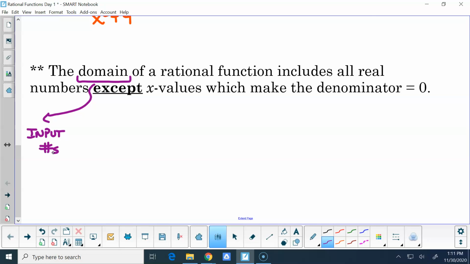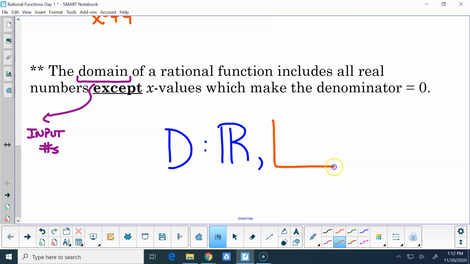So the domain, we're going to use capital D for domain. Okay? So the domain is going to be all real numbers, and that's the symbol for all real numbers. Kind of a double vertical barred R. Okay? All real numbers. And then you're going to have a comma, and after that comma, you're going to have some exceptions.